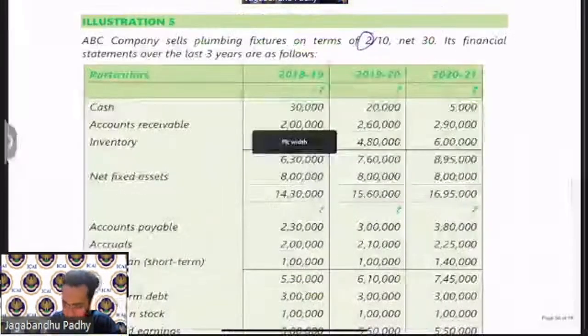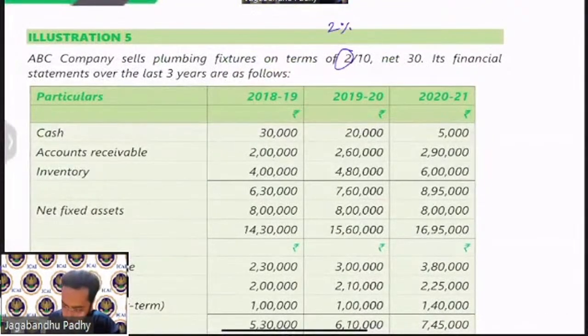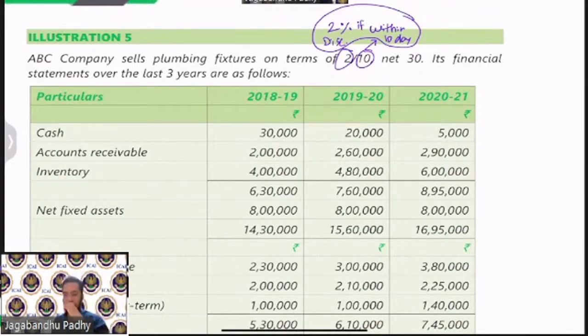2 actually indicates 2% discount. 2 indicates that we are giving 2% discount. By 10 means within 10 days. So you get 2% discount if you make the payment within 10 days.